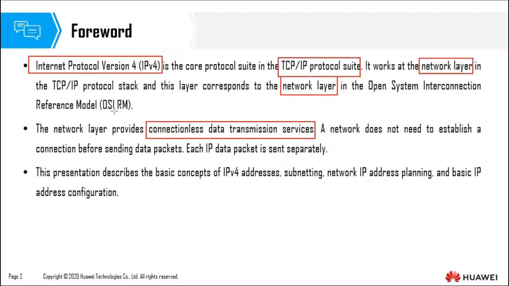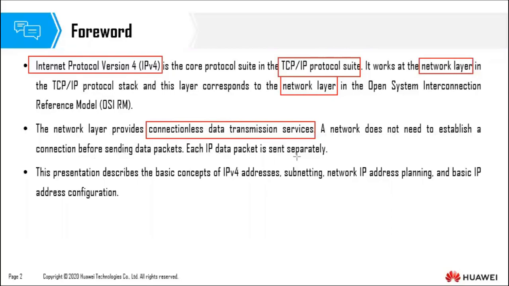Similarly, when you're sending a parcel to your friend in a different town, it's not the same as you calling them. Are you getting the point? They don't have to be at the receiving end, you just send the parcel and they'll go pick it. So it offers connectionless data transmission services. A network does not need to establish a connection before sending data packets.